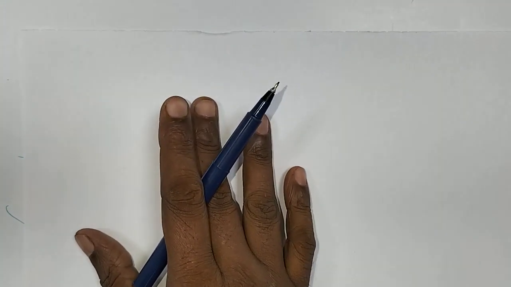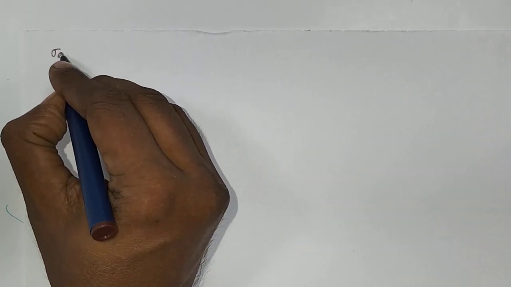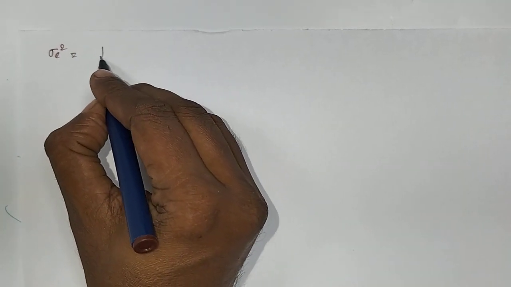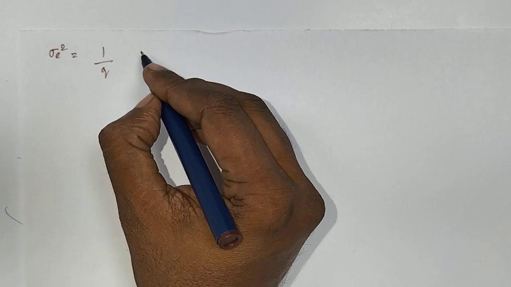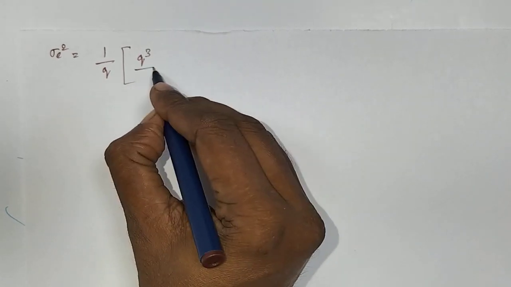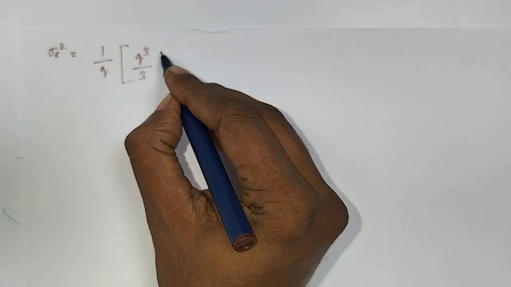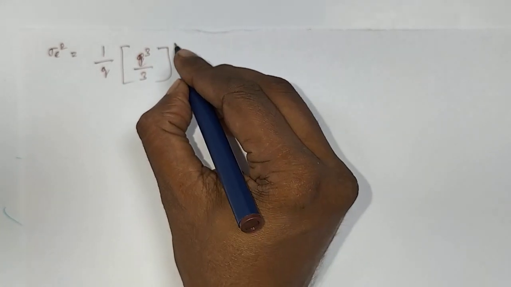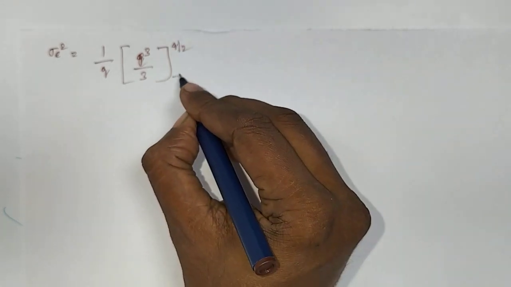Then sigma e square, the variance, is 1 by q times e cube by 3 with limits minus q by 2 to plus q by 2.